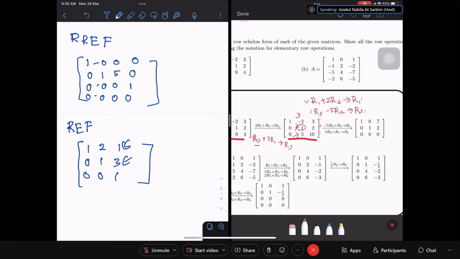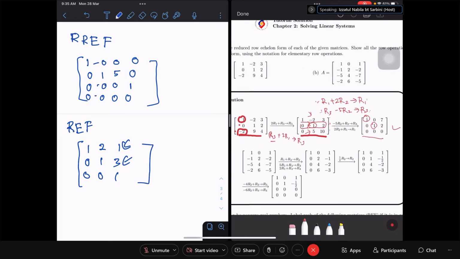So you can do it simultaneously provided you only use row yang you tak tukar, which is row 2 for both. Alright, so once you have this, is this RREF? Zero out, this is leading 1, this is leading 1, any values semua 0 kan? So this is RREF, so you can stop.